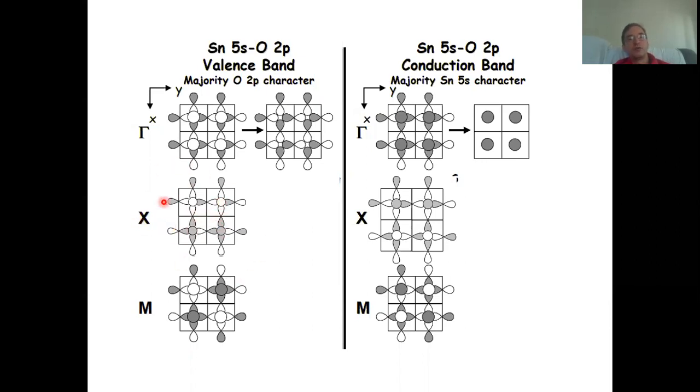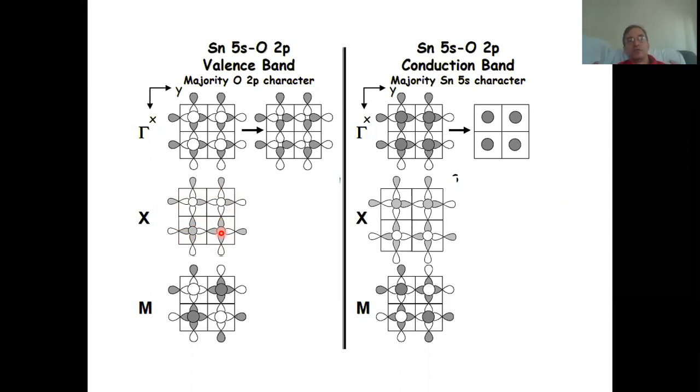You see now that there are bonding interactions between these three lobes and that 5s, and antibonding interactions between this lobe here and the 5s. So you see here now that the bonding interactions dominate. And you see that this is the case for all unit cells. So overall, we would say that we would have a weakly bonding crystal orbital here.